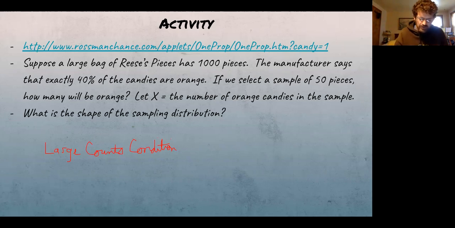But if I've got a sample of 50 pieces with a population proportion of 40%, well, n times p must be greater than or equal to 10. n times 1 minus p must also be greater than or equal to 10. And that's a condition we learned last chapter, chapter 17. So if I just plug this in, 50 times 0.4 is going to be 20. Has to be greater than or equal to 10, and sure enough, it is.